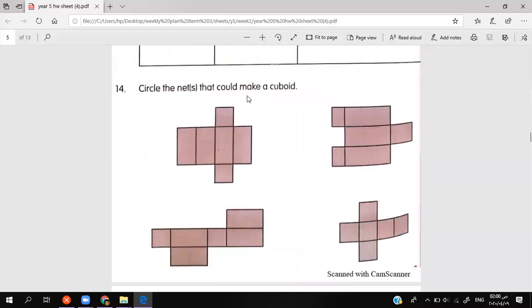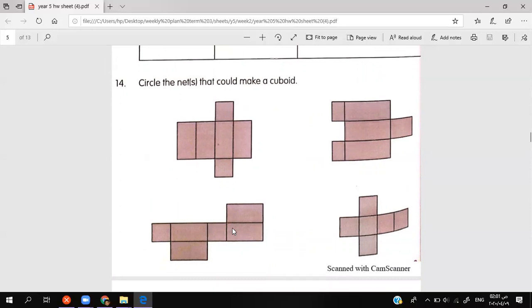Circle the nets that could make a cuboid. Which one of these, when I close it, can make a cuboid, not a cube, a cuboid.